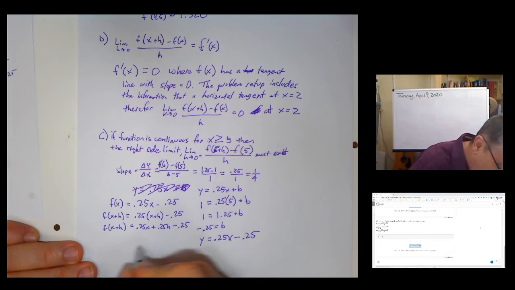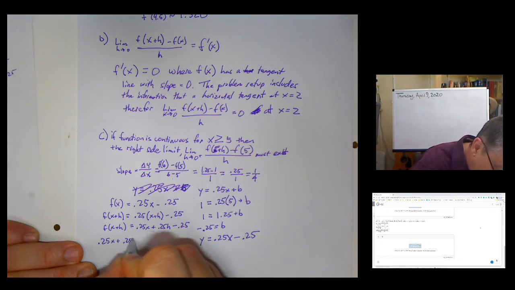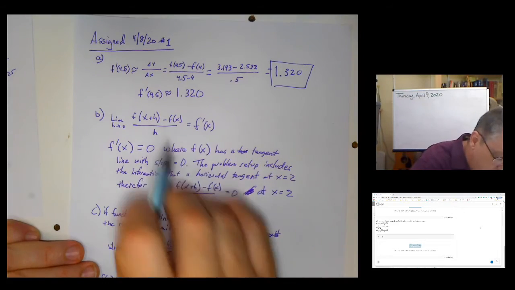So the f of x plus h part is going to be 0.25x plus 0.25h minus 0.25. And then we're going to have minus, right, because it's minus f of x up there.